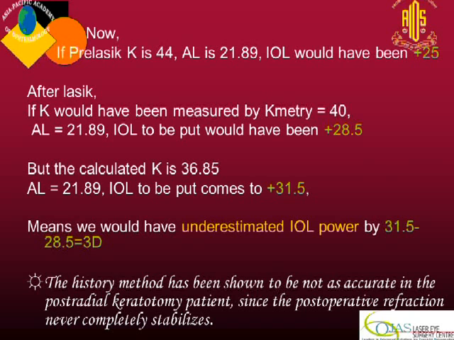But the calculated K is 36.85 with the axial length of 21.89. So the IOL comes to around 31.5 diopters. That means we would have underestimated the IOL power, 28.5 instead of 31.5.